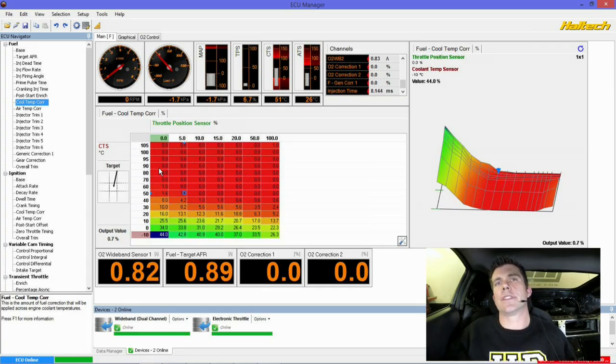So we actually have to do the coolant warm-up enrichment mapping after the engine's tuned, and the reason for that is we need to have accurate numbers in our VE table. We need to have the engine accurately mapped first so that the ECU can calculate correctly how much mass of air is entering the engine. So we have to do all of that first, and then we can come back and look at our warm-up enrichment.